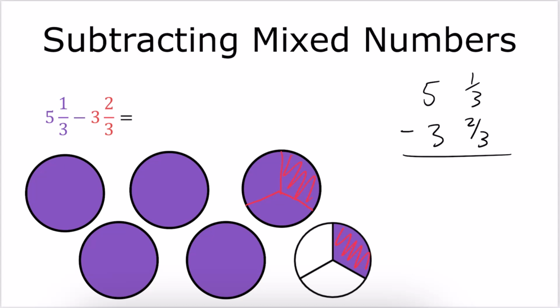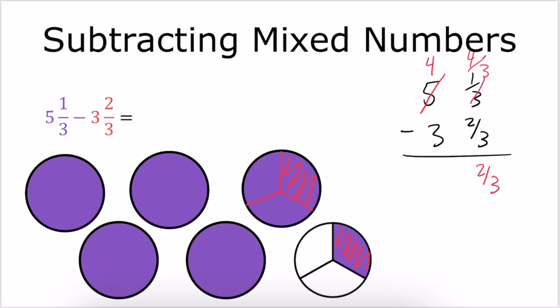And the way that you would show this with the notation is you would say, okay, when I cut up my whole into thirds, that means that I don't have 5 wholes anymore. I just have 4. And instead of just having 1/3, I now have 4/3. And when I do 4/3 minus 2/3, I'm left with 2/3.